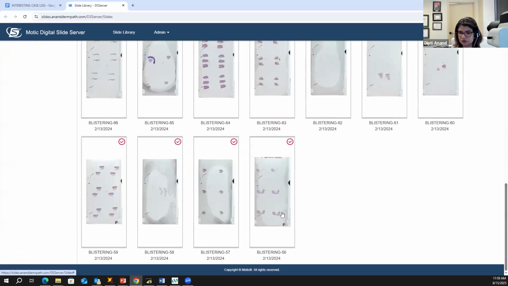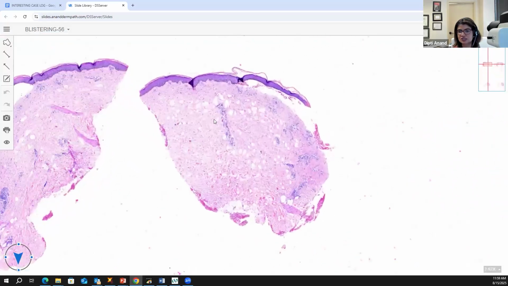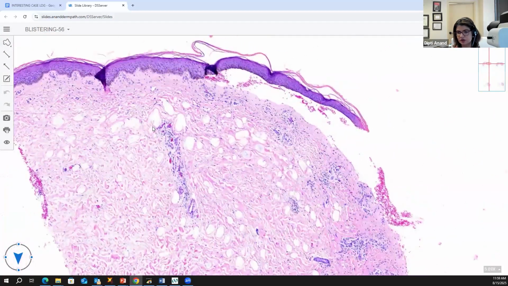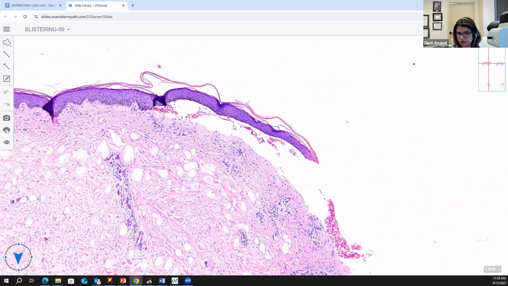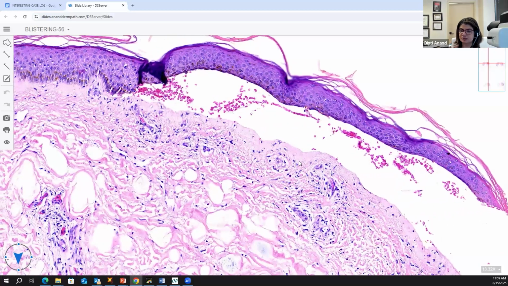So this is an example of what we just talked about. This is your subepidermal blister. Remember that hemorrhage doesn't count, and you're looking specifically for inflammation within the blister cavity. And this has got no inflammation whatsoever, so this is a cell-poor subepidermal blister. Now, look at your question. What are they asking?